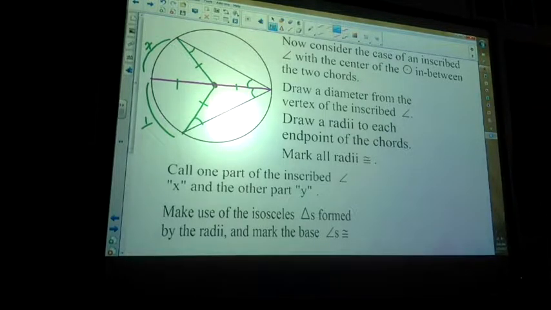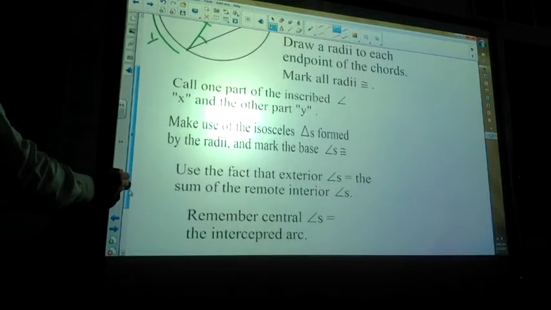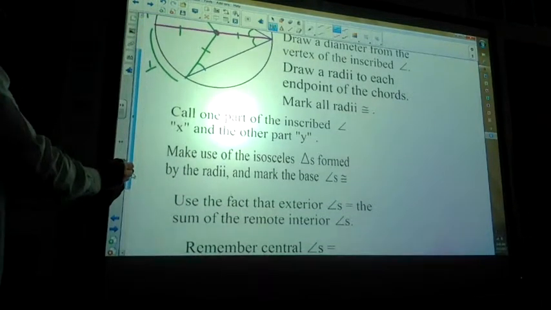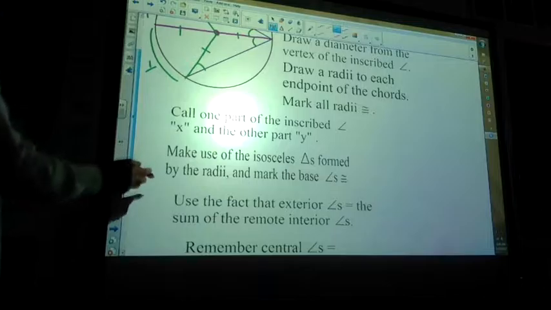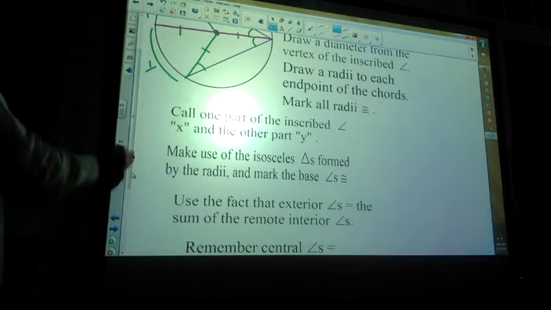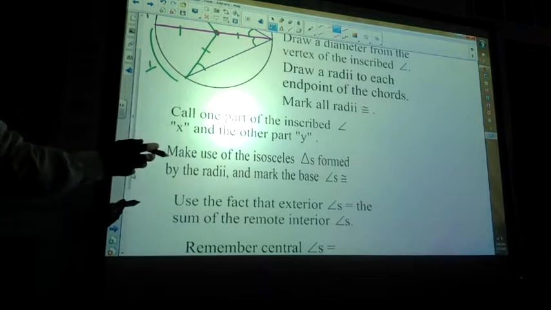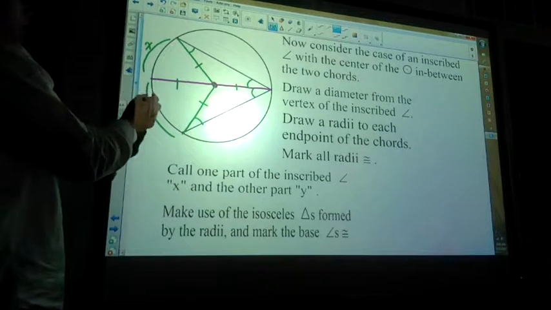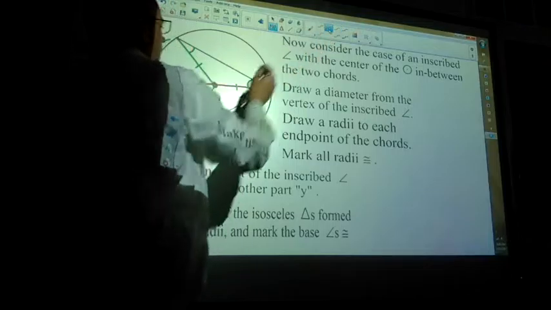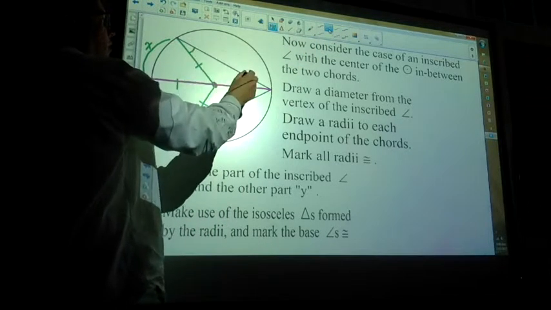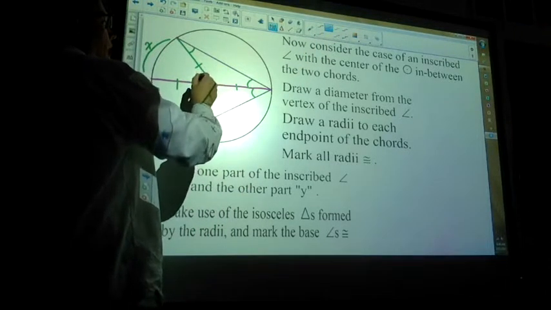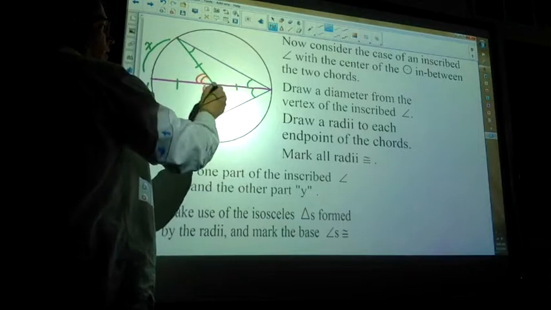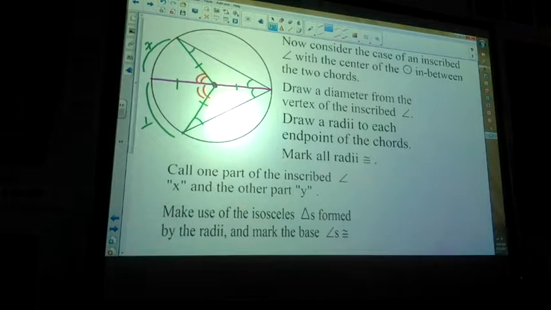Okay, let's see, is there anything else written on this screen? Okay, we got plenty. All right, make use of the isosceles triangles formed by the radii and mark the base angles congruent. Use the fact that the exterior angle equals the sum of the remote interior angles. So this plus this is equal to that. This plus this is equal to this as far as my exterior angle goes.